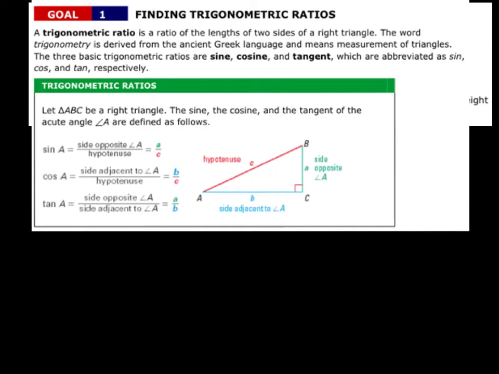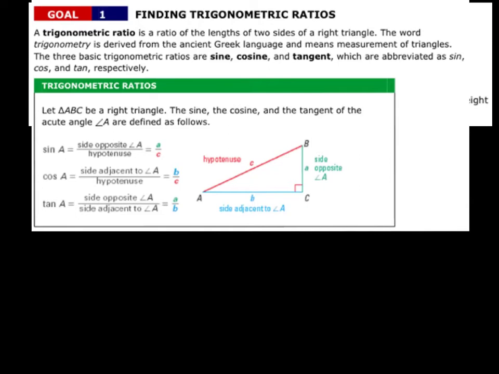If you were standing on angle A and looking at the triangle, we know that across from angle A would be side a, across from angle B would be side b, and across from angle C, the right angle, would be the hypotenuse c. So standing at angle A, little a up here would be considered the side opposite. b would be considered adjacent to angle A. It's the one next to it, but not the hypotenuse. And then finally, the hypotenuse is obviously the hypotenuse.